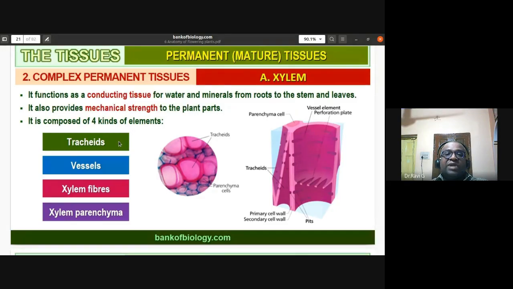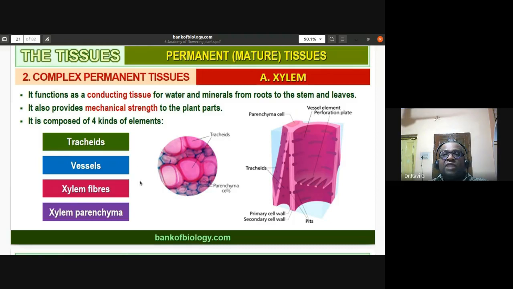Tracheids are found in primitive plants like pteridophytes and gymnosperms. In advanced plants like angiosperms, the xylem is made up of vessels, or we also call it trachea.